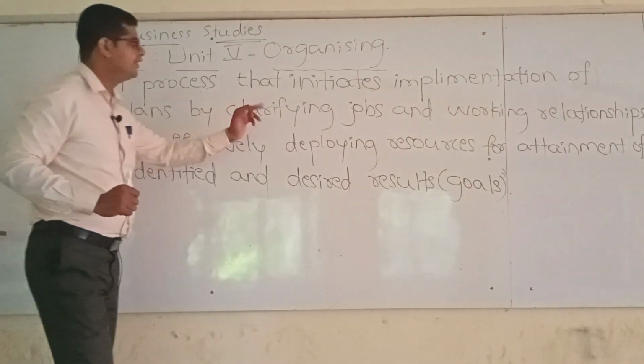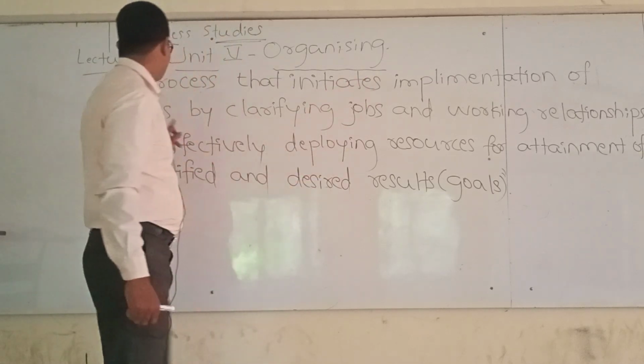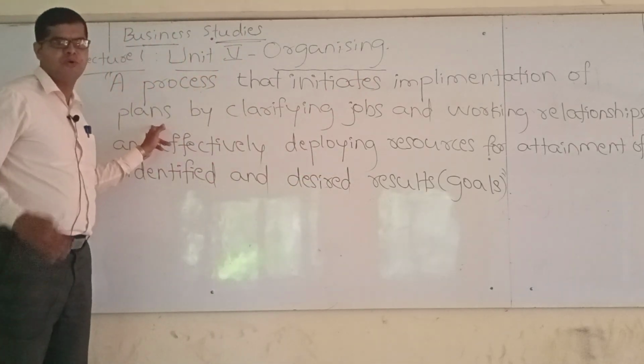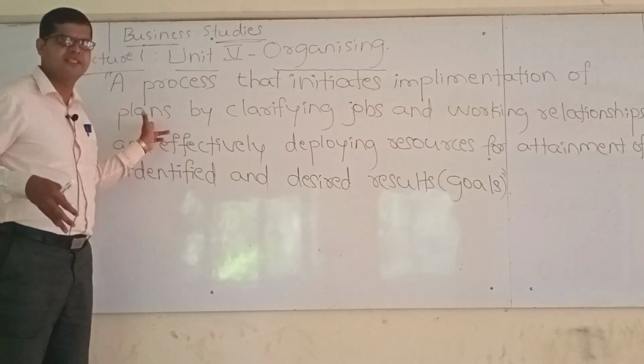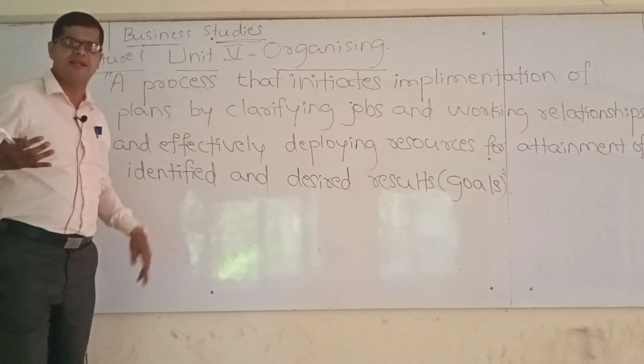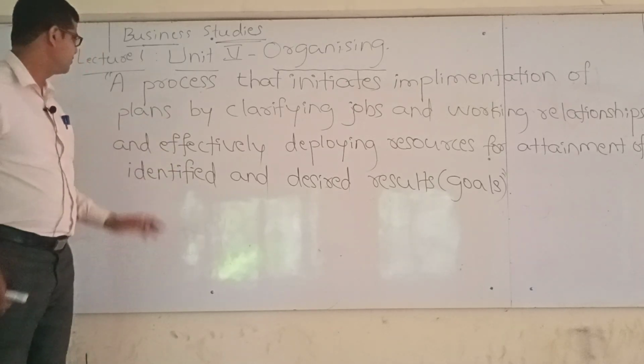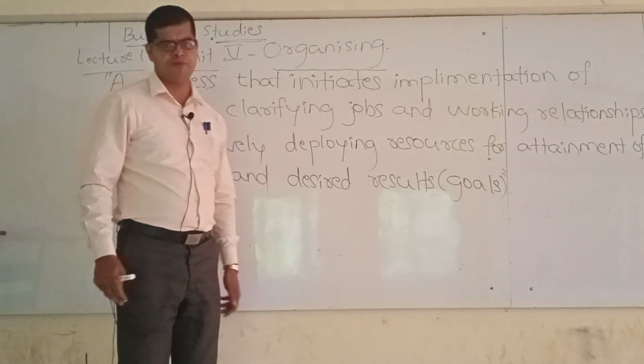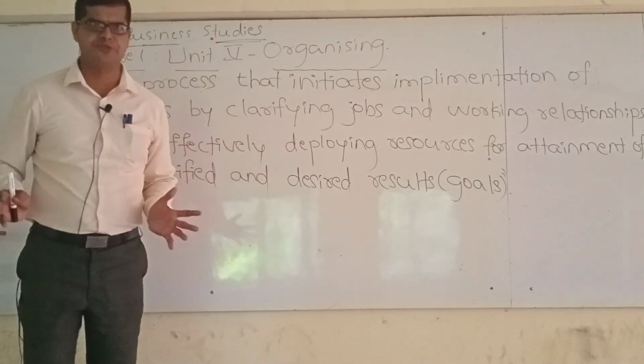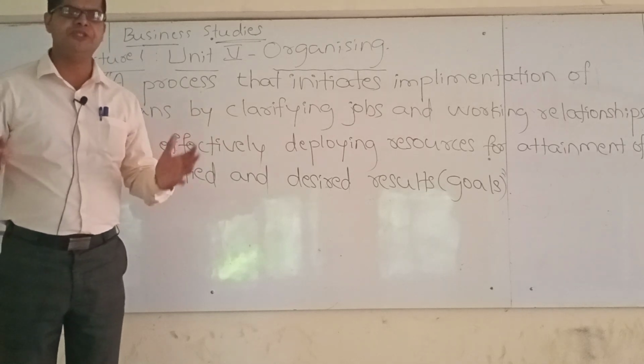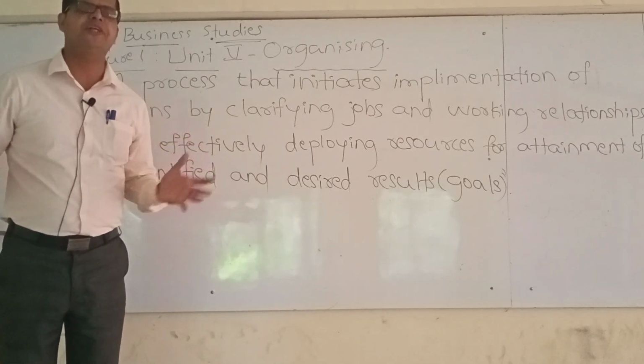So a process that initiates implementation of plans, what we have already planned in our organization, we have to implement that. By clarifying jobs, you have to clarify the jobs, because in our organization we have different work, different departments.